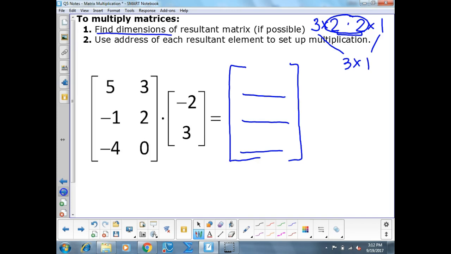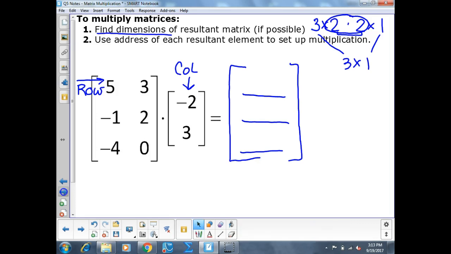Okay, now how do I actually find the pieces in there? So we always want to remember that we get the rows from the first matrix and the column of the second. So I'm always going to go across the rows and down the column. Now, to the numeric part, I'm going to take 5 across the first row.